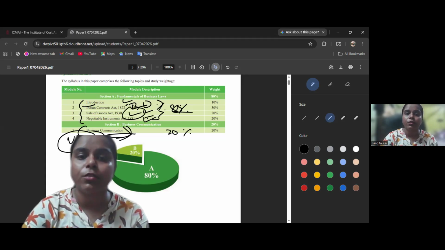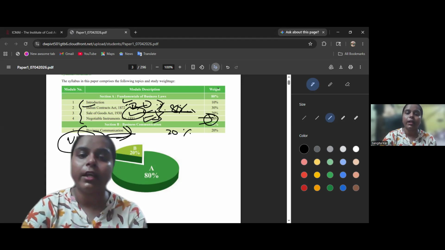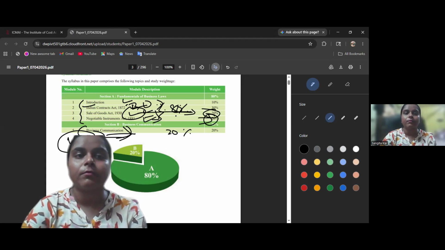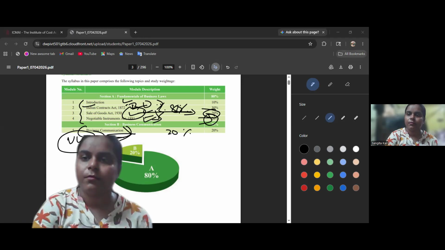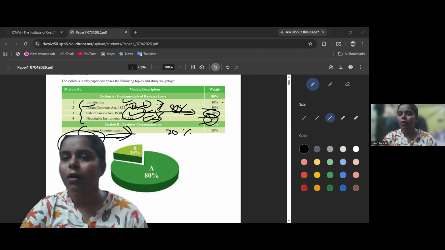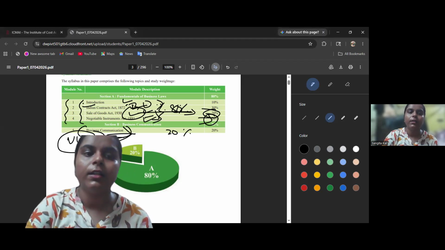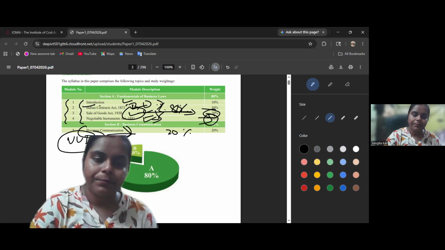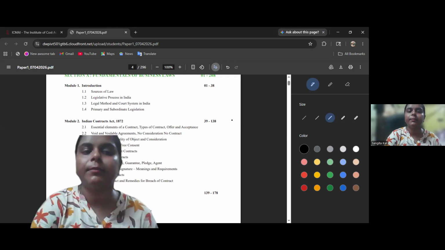The weightage of the Negotiable Instruments Act is 20%, and the weightage of Sales of Goods Act is 20%. As we talked about the weightage of these chapters, we will mainly focus on them. Then we come to the introductory part.